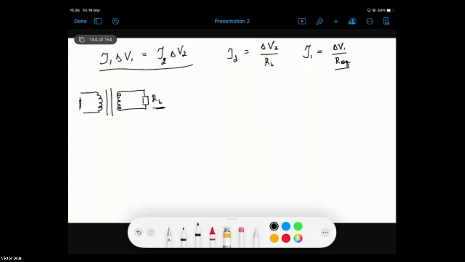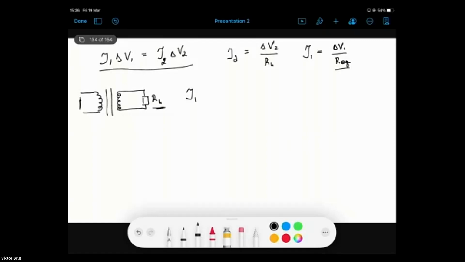So we can write that I1 is delta V1 divided by R equivalent.